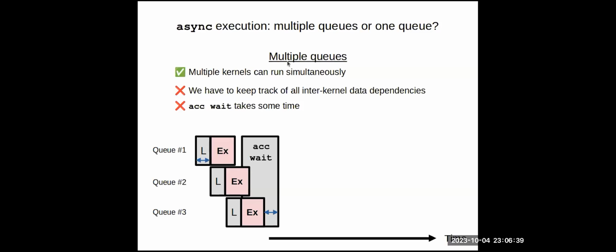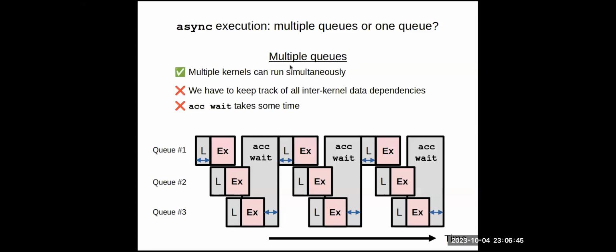However, launching multiple kernels simultaneously makes the problem of data dependencies among kernels. If one kernel depends on the results of another kernel, then we may have to make sure that the kernels do not run simultaneously.